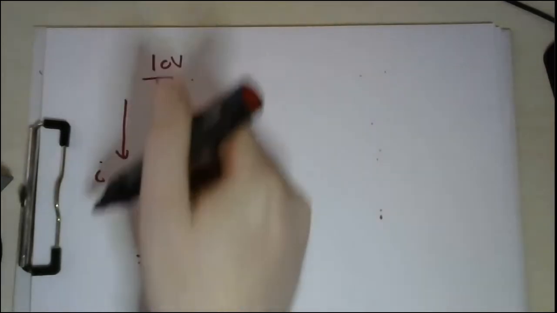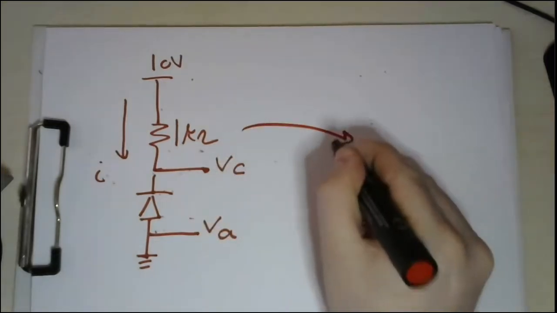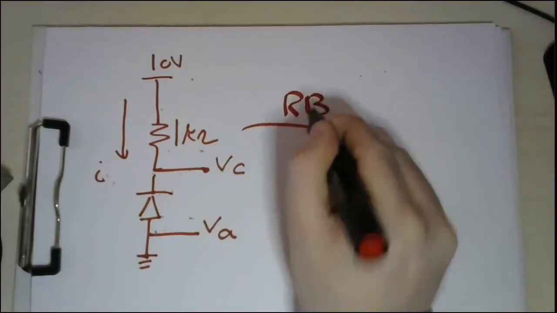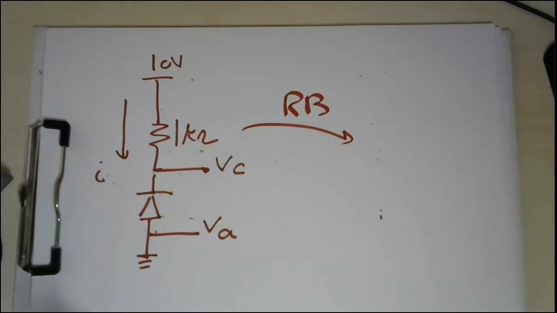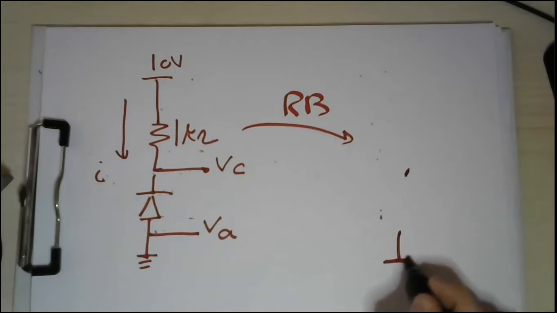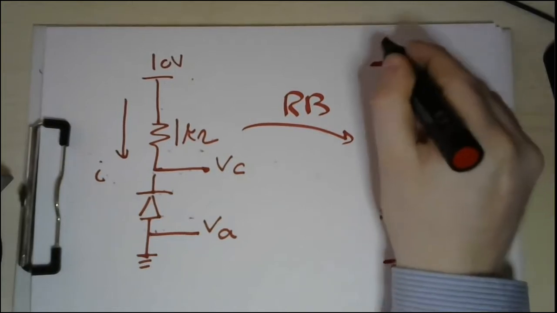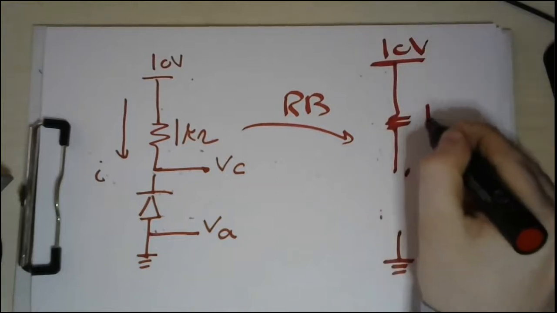The current is flowing down, so this is reverse bias, not a forward bias diode. Accordingly, you will say that this is a reverse bias diode. Then what you are going to do is replace this diode by an open circuit. And this is 1 kilo ohm.